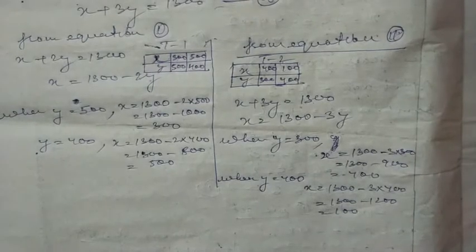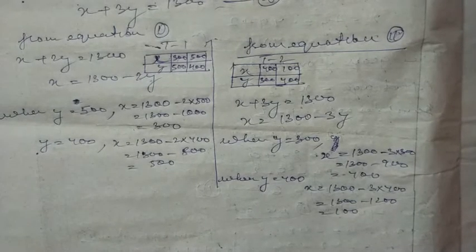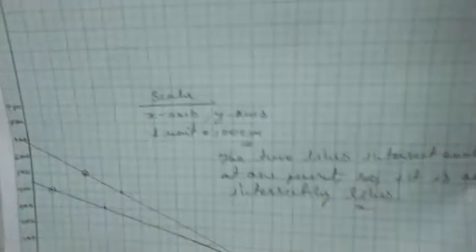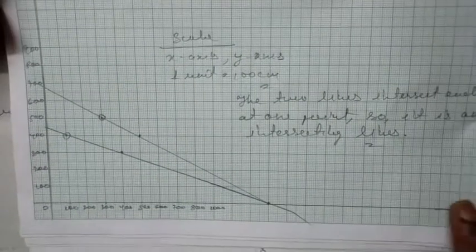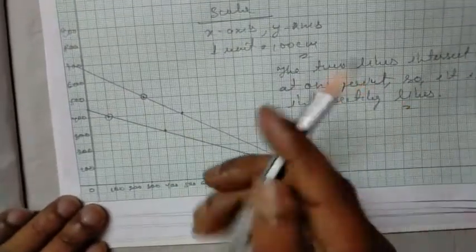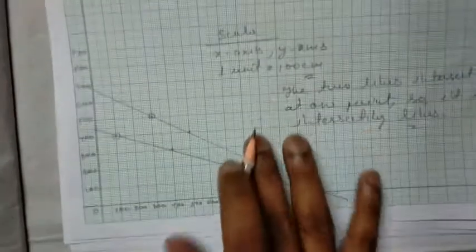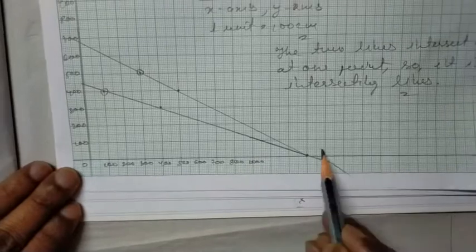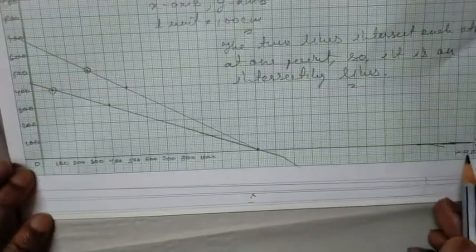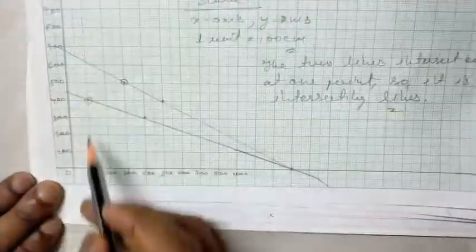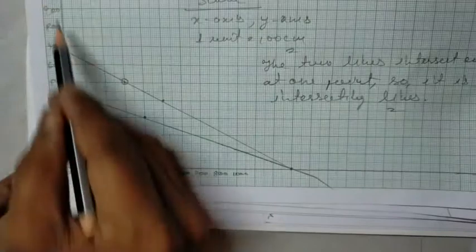So this one is a graph. Horizontal is our x axis, and the vertical is our y axis.